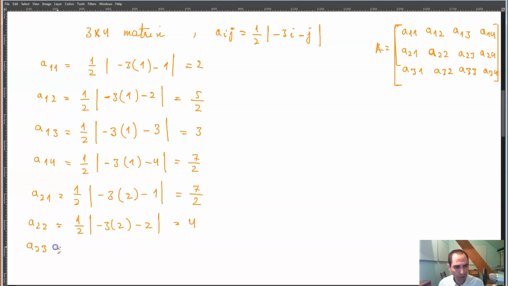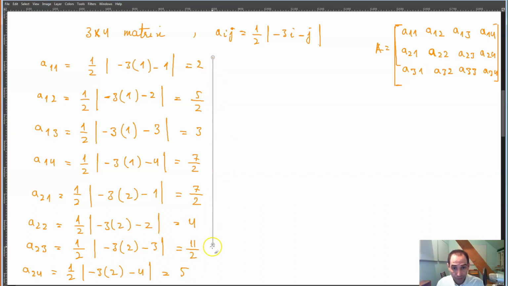A of 2,3 is equal to 1/2 times the absolute value of -3 times 2 minus 3, which is equal to -6, -11, 11 by 2. A of 2,4 is equal to 1/2 times the absolute value of -3 times 2 minus 4, which is equal to -6, -10, +10, 10 divided by 2 is 5.